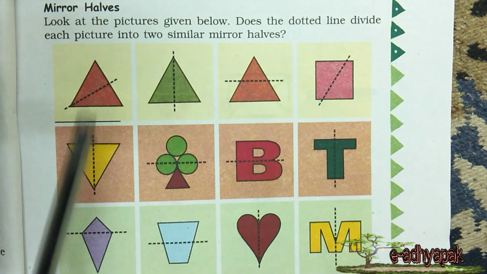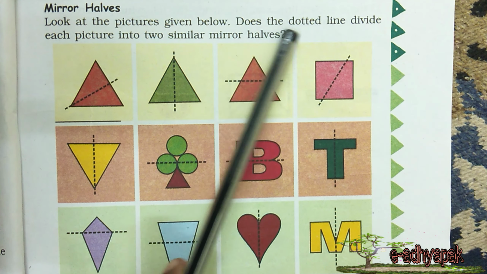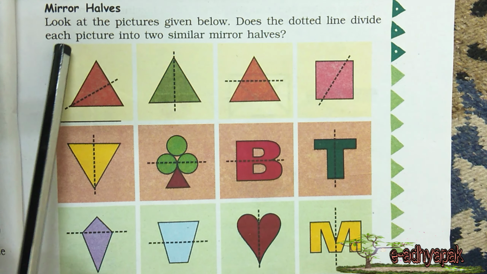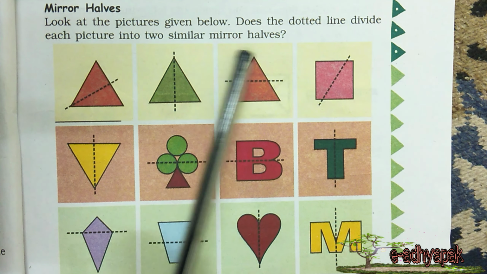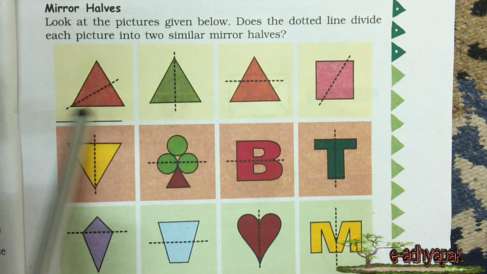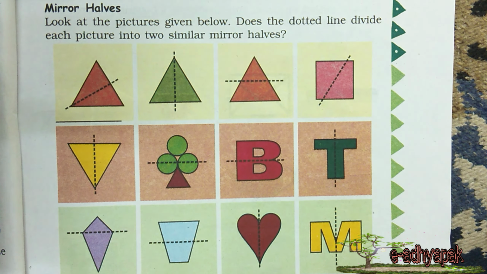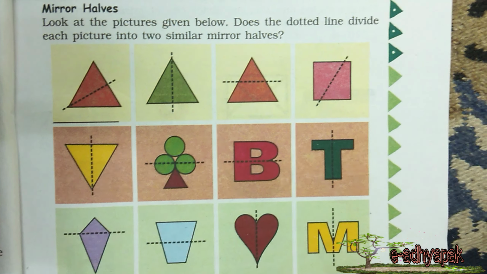So next is mirror halves. Look at the pictures given below. Does the dotted line divide each picture into 2 similar mirror halves? So here they have given a triangle, and you can cut this triangle like this.